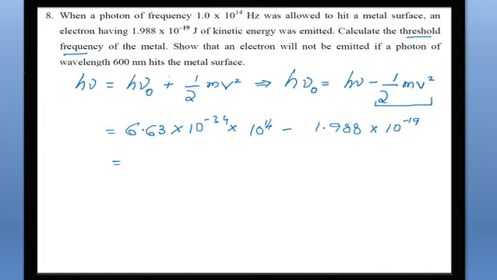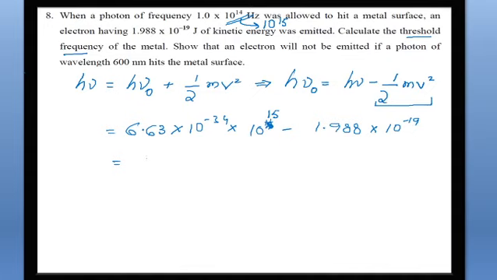Okay, now I see. This value is given incorrectly. This should have been 10 to the power 15. So it should not be 14, it should have been 15. Otherwise you are going to get a negative answer, which is not going to work, right?